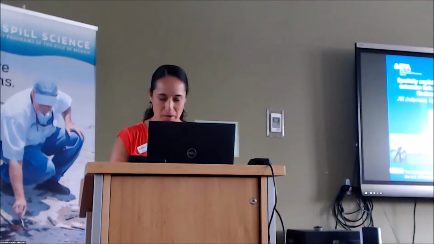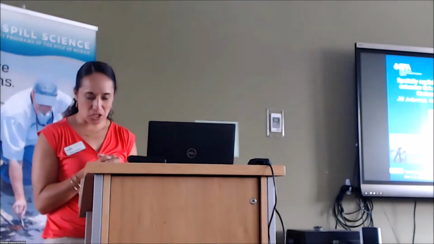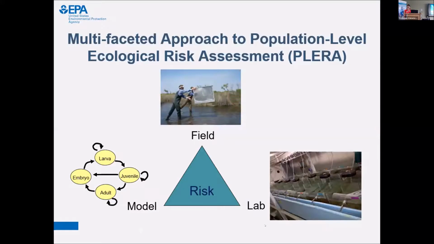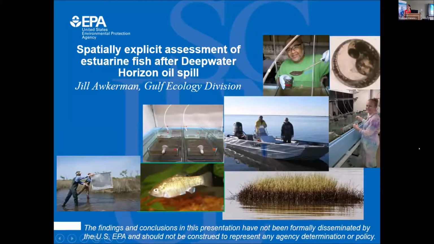Dr. Jill Awkerman, who received her PhD in biology from Wake Forest University, where she studied the foraging ecology and population demography of wave albatross in the Galapagos. Since then, she's worked for the Environmental Protection Agency's Gulf Ecology Division, using population modeling to improve risk assessment methods in wildlife ecotoxicology.